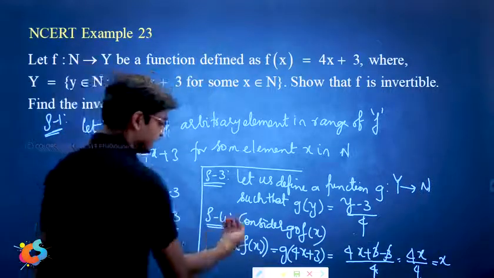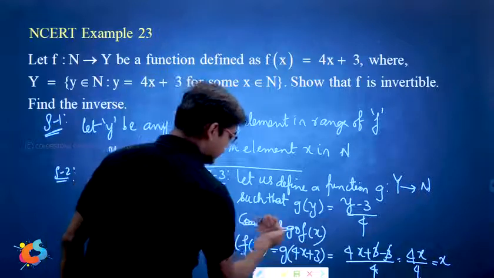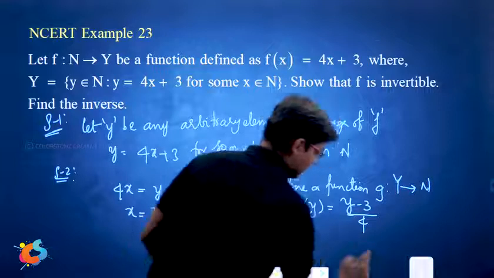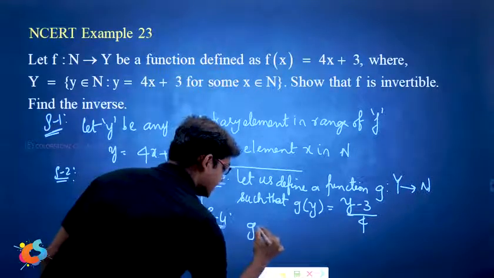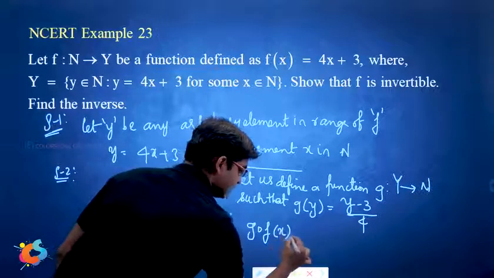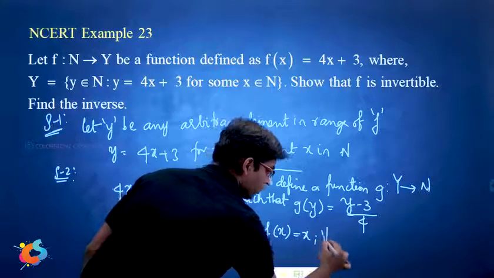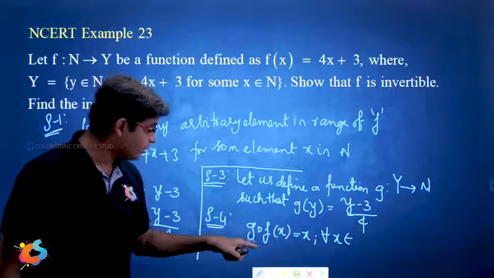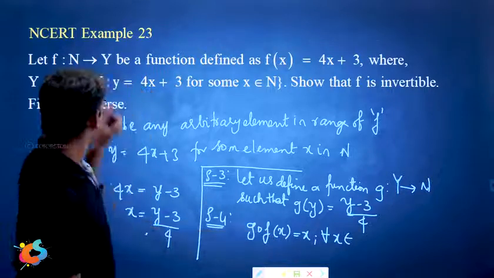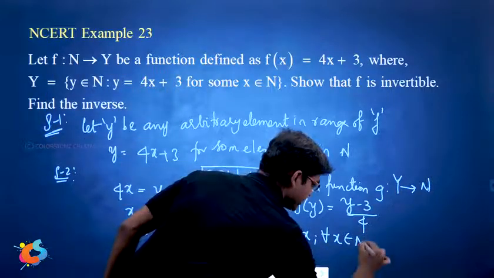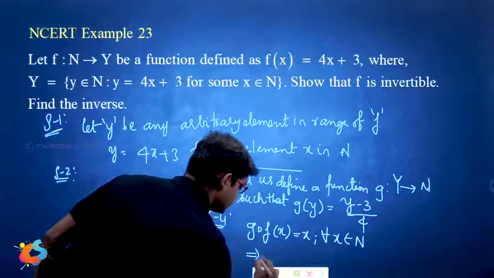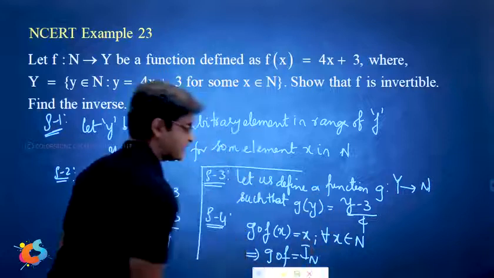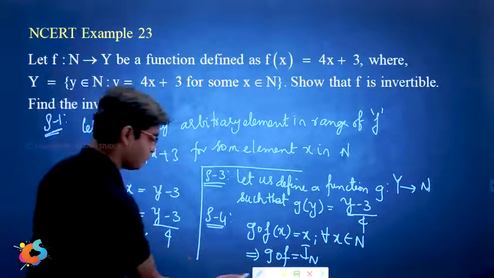Okay, next line will be, always you will get this as an identity function. So after this you have to write: g circle f of x is equal to x for all x belonging to, this x comes from the domain of f. Domain of f is N. For all x belonging to N, implies g circle f is an identity function on set N. Okay, this is very important.